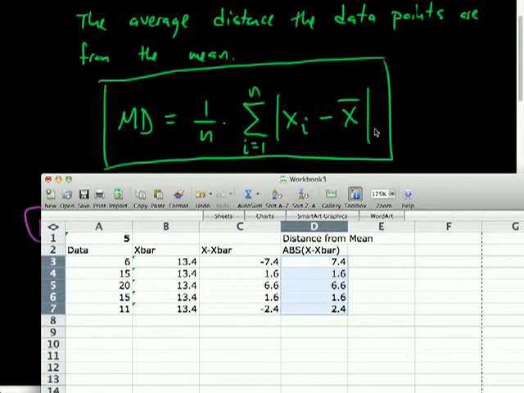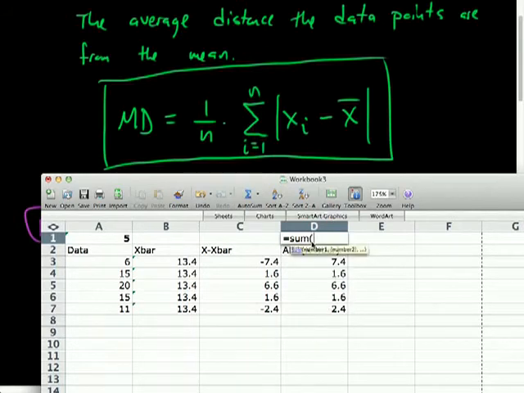Now that I know the distances, I want to find the sum of this list. That's what that sigma means. So this formula is going to be equals sum of D3 to, I'll go down to D103 so I can enter more data later.